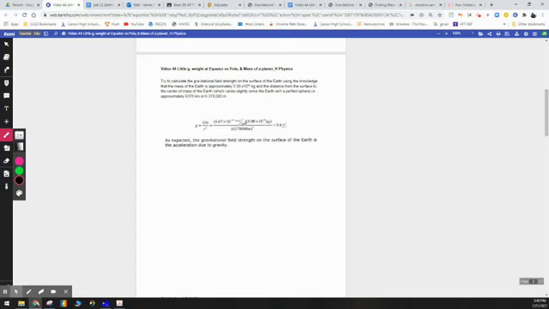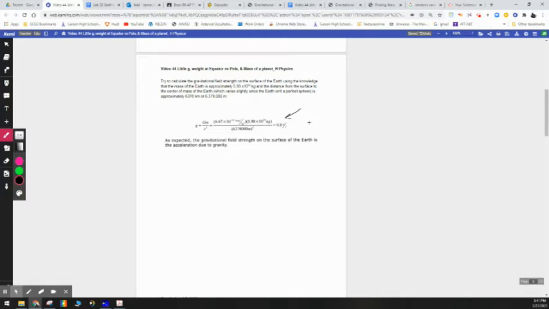I plug all these values in, and lo and behold, we get 9.8. So gravitational field strength depends on the mass of the planet you're on, and also the distance you are away from the center.